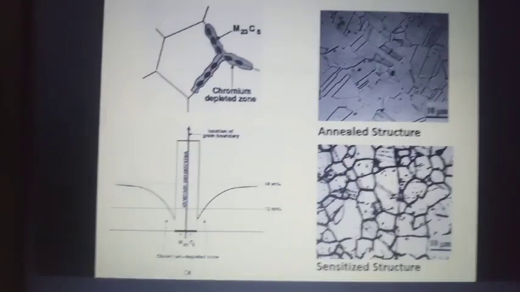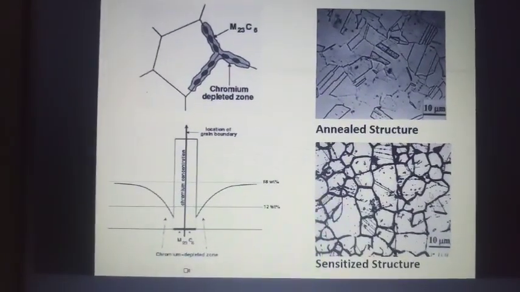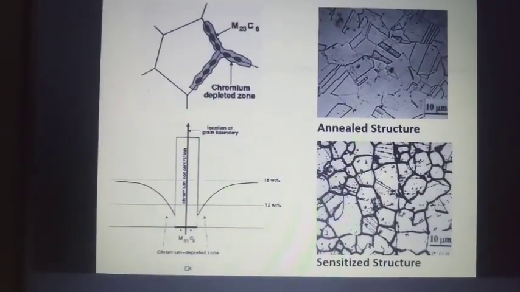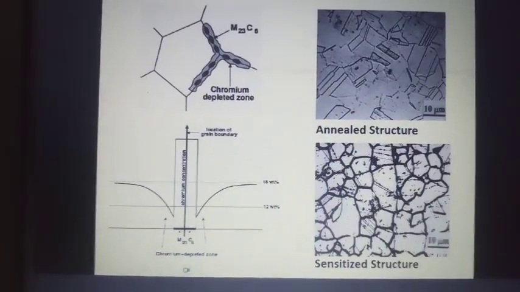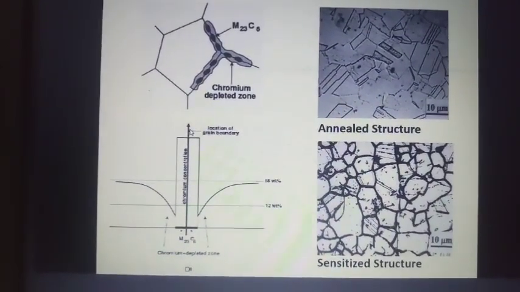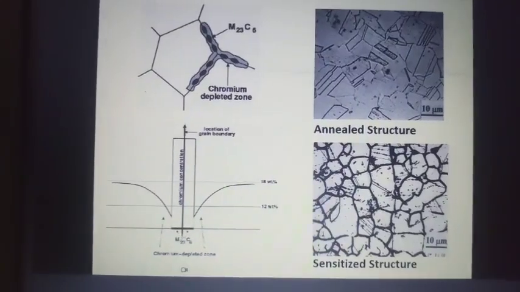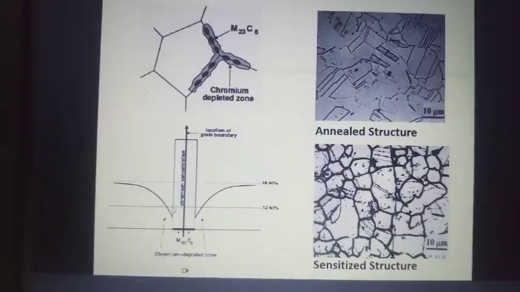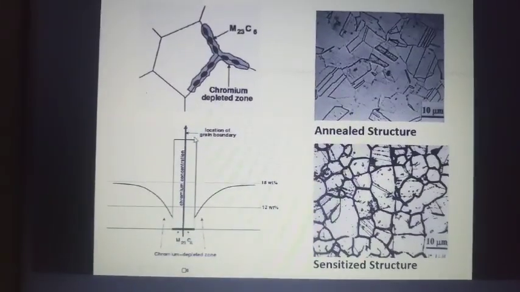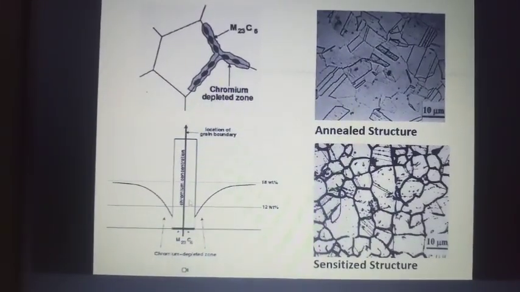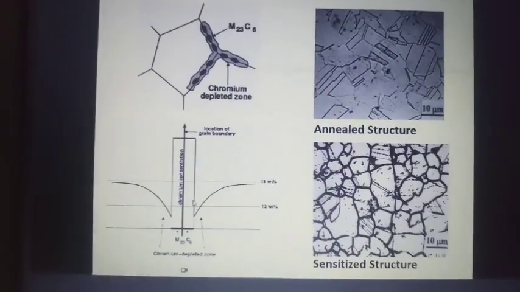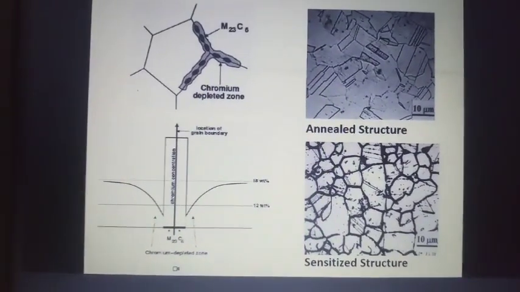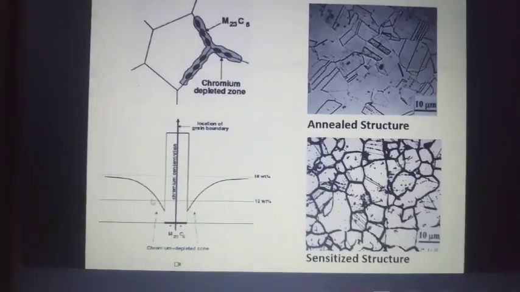Why is this phase not preferable? If you take one grain boundary, this region, and look at the chromium, the entire grain boundary has the chromium taken away into the carbide.